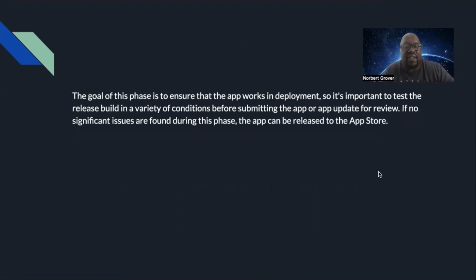The goal of this phase is to ensure that the app works in deployment, so it's important to test the build release in a variety of conditions before submitting the app or app update for review. If no significant issues are found during this phase, the app can be released to the App Store.